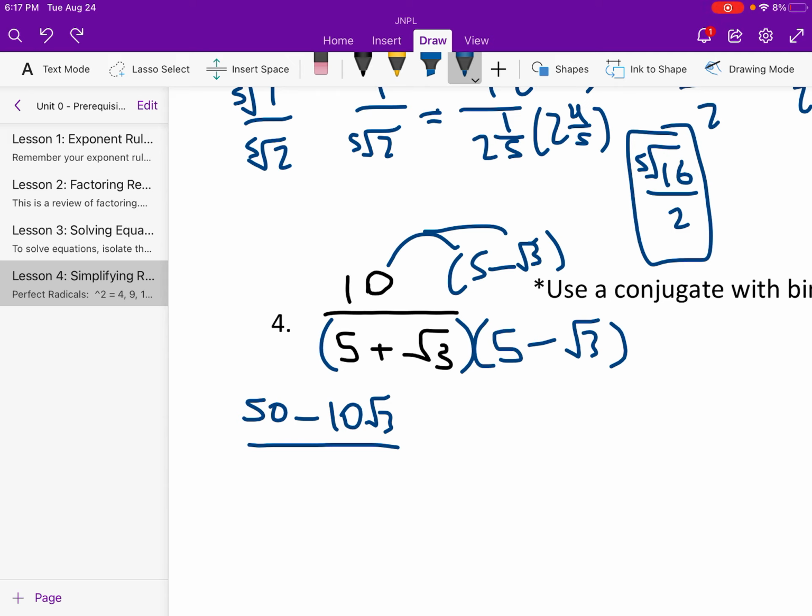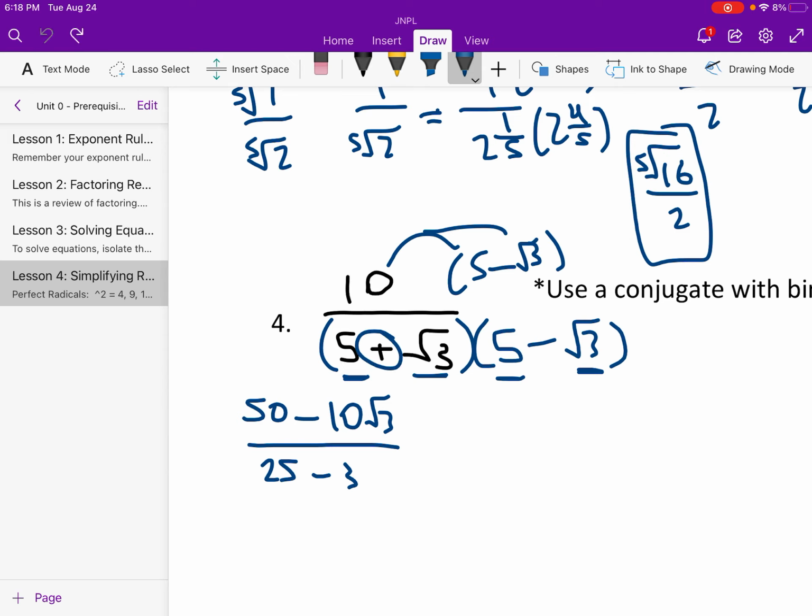So really all you have to do is multiply the first two, which is 25. And then the last two, which are root 3 times root 3 is root 9. Square root of 9 is 3. But it would be 25 minus 3 because of the signs.